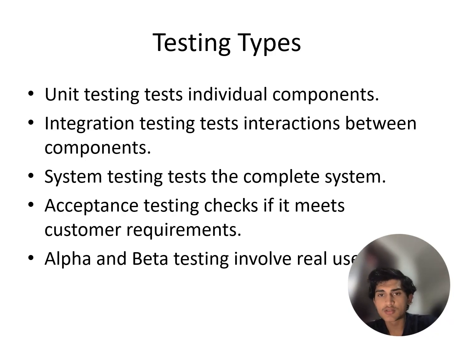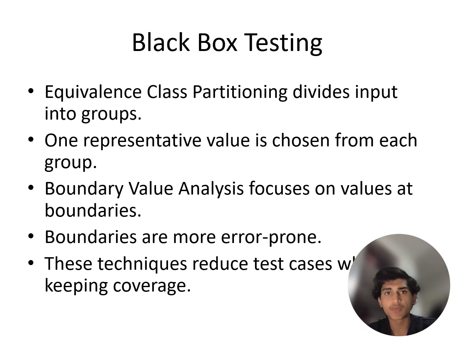System testing is where all the units and modules are embedded into each other, and then testing is run through the whole system. Acceptance testing checks if the user is satisfied and the requirements are met or not. Alpha and beta testing involve real user engagement.